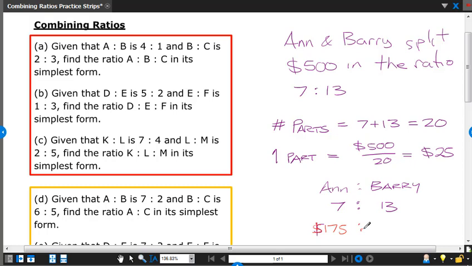Okay, and then you do 13, so it should be 325. You just multiply 13 by this. 12 times 25 is 300, so 13 is 325. That's it. Add them together, you get 500. Oh look, we had 500 at the start. Is that a coincidence? No.